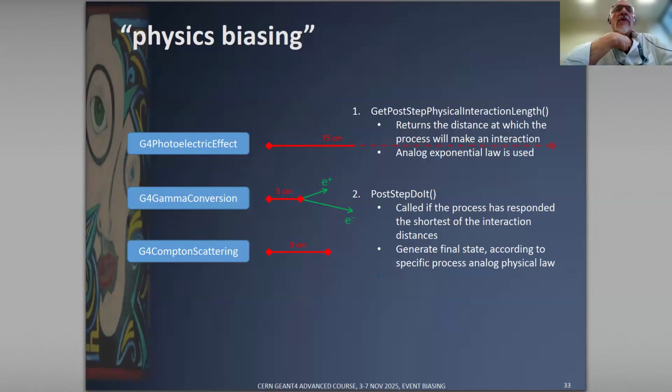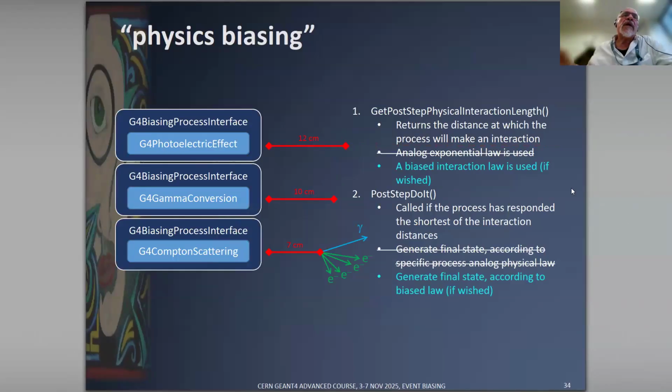Each of these processes returns a length at which it will act. And in the second stage, the gamma is moved, and when it reaches the end of the step, you call the post-step do-it of the process which answered the smallest length. So this is the usual scheme. And then next slide.